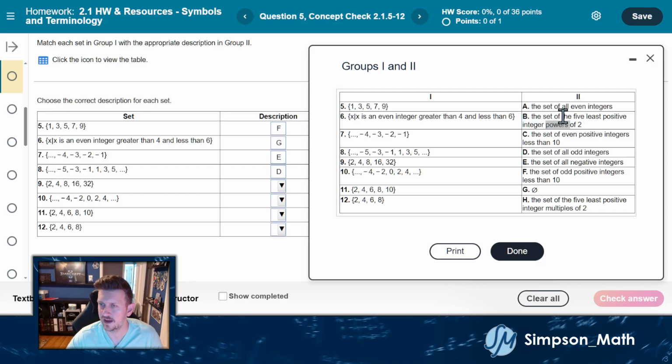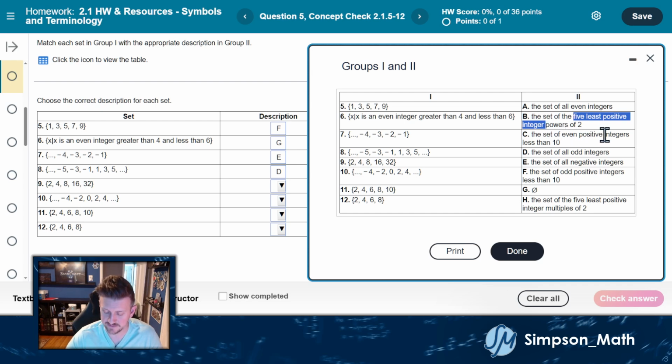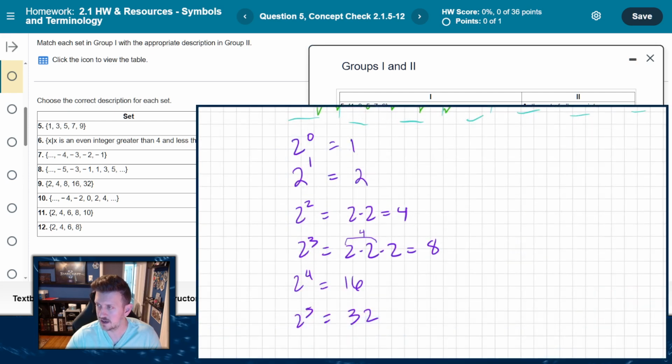That's what we're doing. The set of the 5 least positive integers. Oof, that's a little mouthful, but let's talk about that. The 5 least positive integers. That's why, if I pop this back up, we get 2 to the first, 2 to the second, third, fourth, fifth. 1, 2, 3, 4, 5 are the 5 least, as in smallest, positive integers.